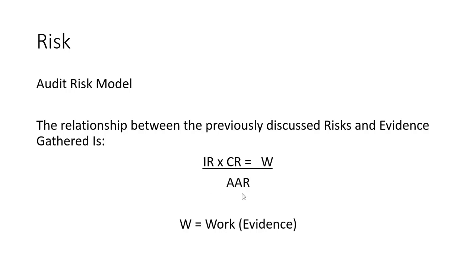This is a mathematical representation. Numbers can be put in here, but what this really does is just give you a sense of the relationship between each of these items and the amount of work. Inherent risk goes up, work goes up. Control risk goes up, the amount of work goes up. AAR goes up, the amount of work goes down.